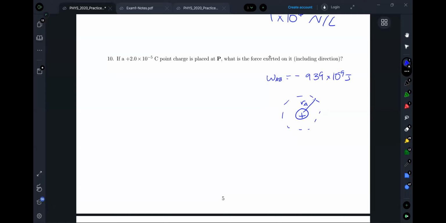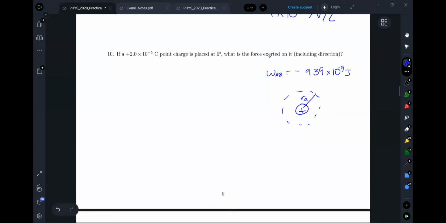And so it would tend to decrease the speed. That would happen if it's moving towards this other positive charge, because it's feeling this repulsive force that's pushing back on it as it moves towards the positive charge in the middle here.